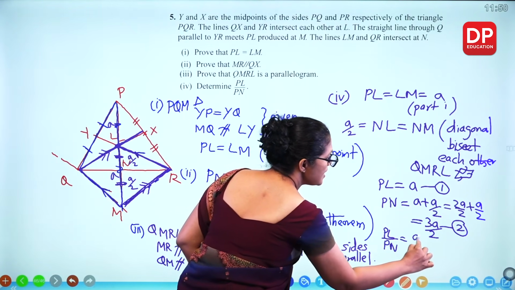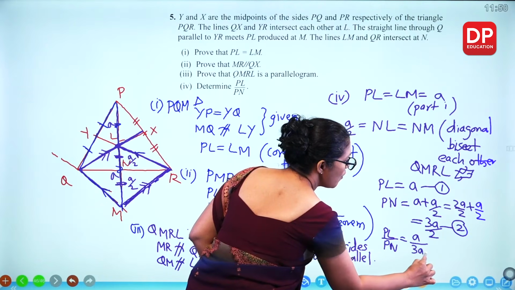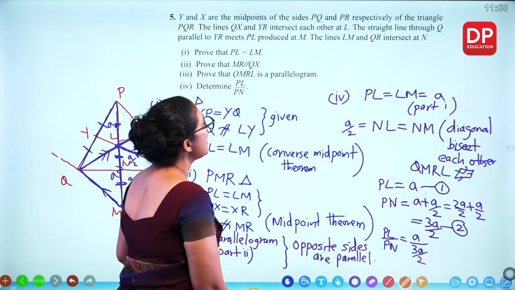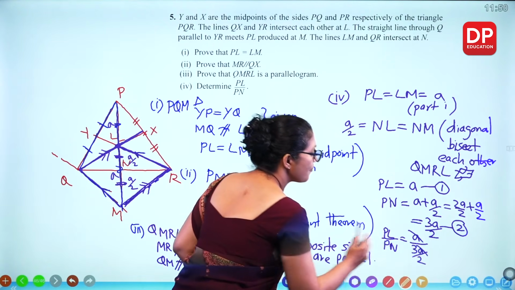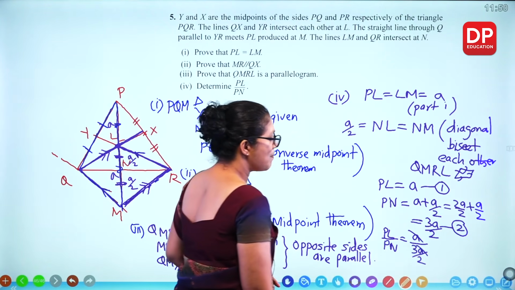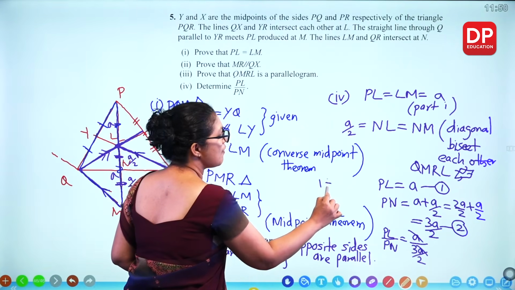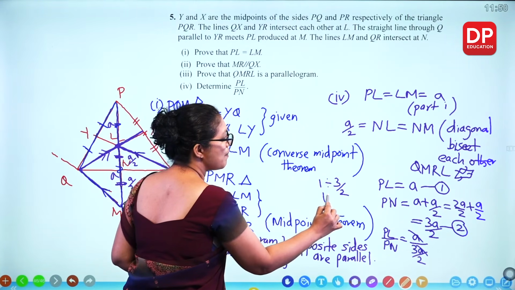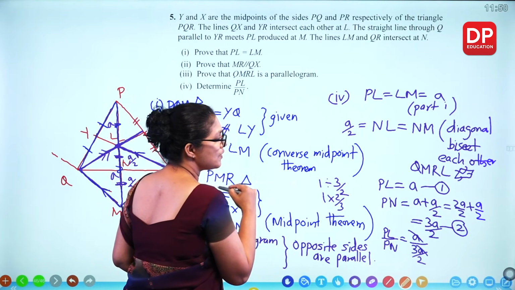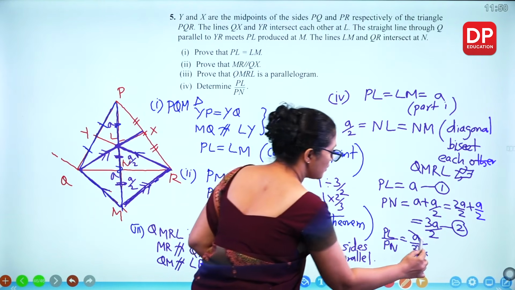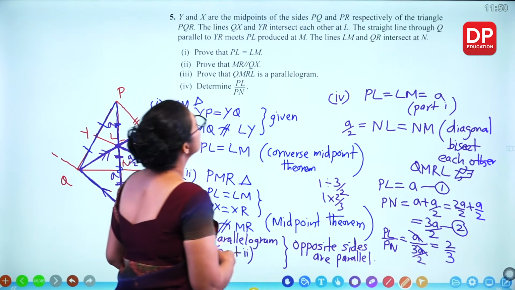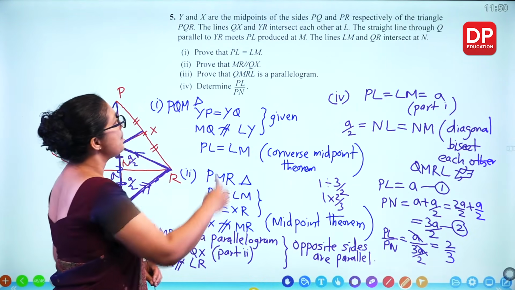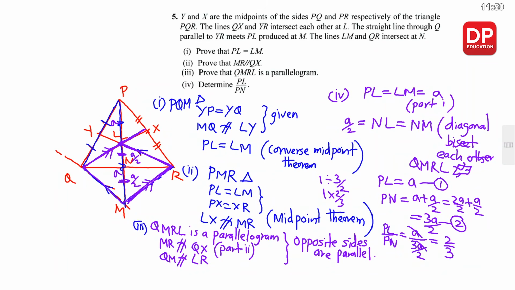A divided by 3A over 2. A gets cancelled out. So 1 divided by 3 over 2 becomes 1 multiplied by 2 over 3. Take the reciprocal. So you get 2 over 3. So what's the ratio? PL to PN is 2/3.